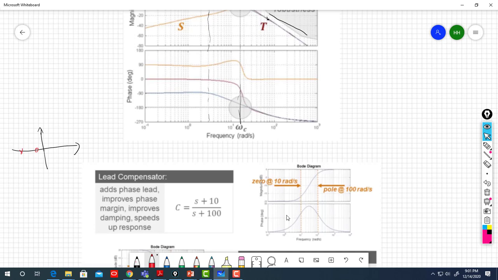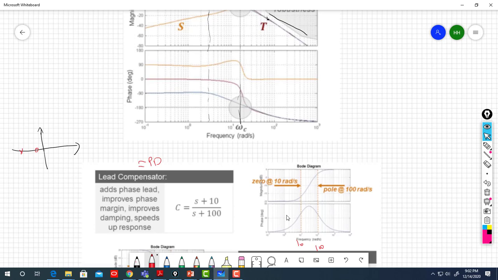Also, if you look at the lead compensator in the frequency domain, it's equivalent to PD. If you look at the phase, between 10 and 100 it has 90 degrees, and above and below it is 0 decibel, 0 degree.